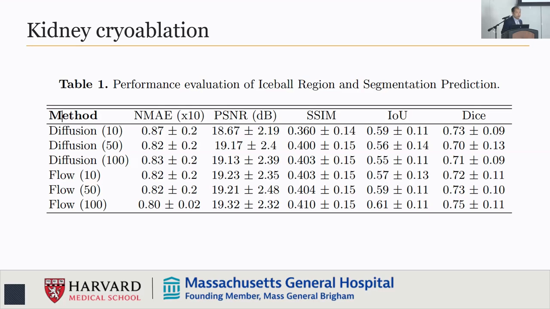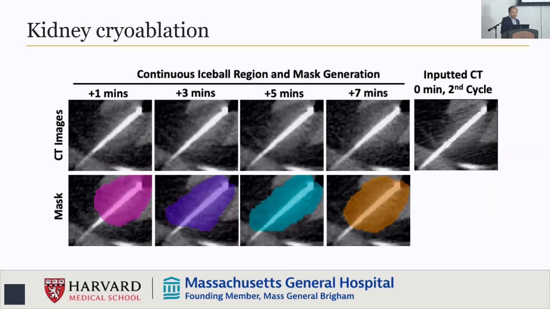It's pretty close, and close enough that our interventional radiologists think the image is useful. We didn't do an observer study yet. We ran the results by a few interventional radiologists, and they like it, and they think it can help reduce the CT scans.